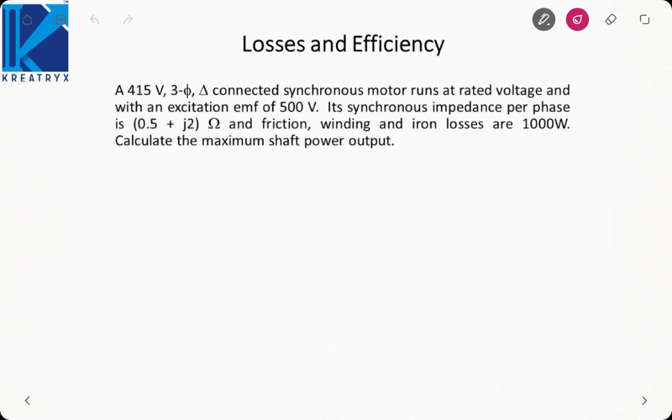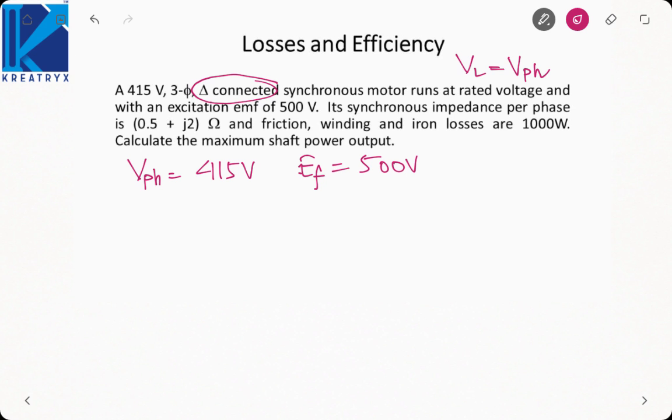Let us look at another problem based on losses. It is saying a 415 volt 3-phase delta connected synchronous motor runs at rated voltage with an excitation of 500 volt. Now remember, this is delta connected, which means line voltage is equal to phase voltage, which means the phase voltage is now 415 volt, EMF is 500 volt.